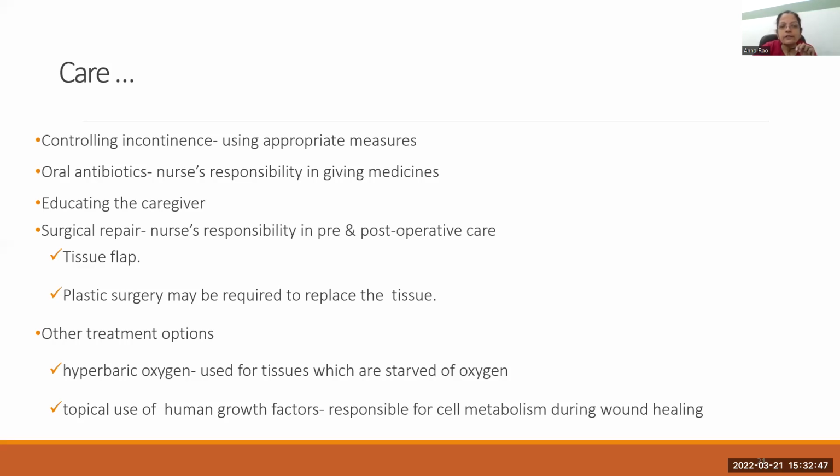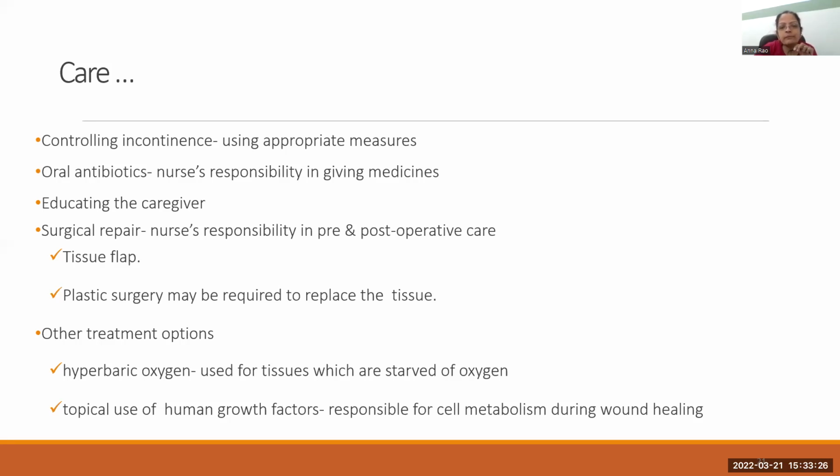Controlling incontinence, right? So appropriate measures. When there is incontinence, we have to see that if the patient is not able to control the urine, then maybe catheterization may be required.